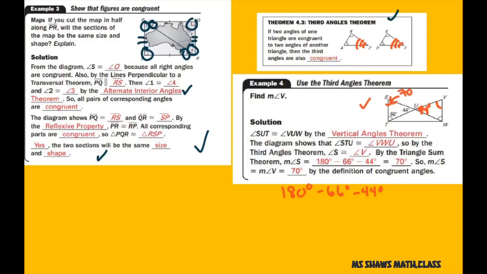So if this is 70, and these angles are congruent, then that means our angle V is also 70. And so that's using the third angles theorem, because they're already marked for you.